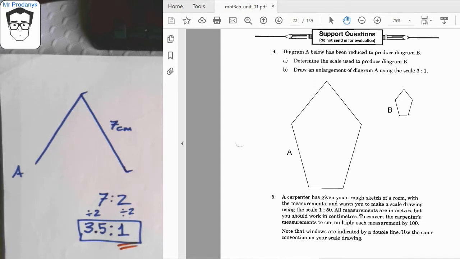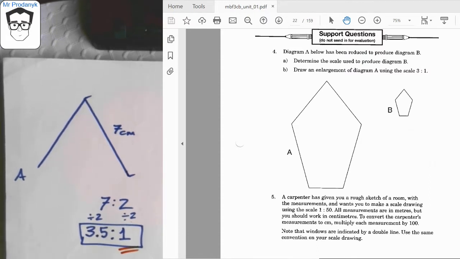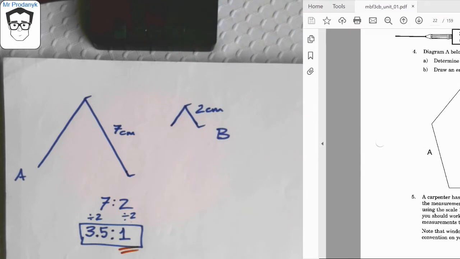Now it wants you to draw an enlargement of diagram A using a scale of 3 to 1. So that's going to be going in the opposite direction now, where you're going to take a measurement of A and have to enlarge this to make a larger drawing.